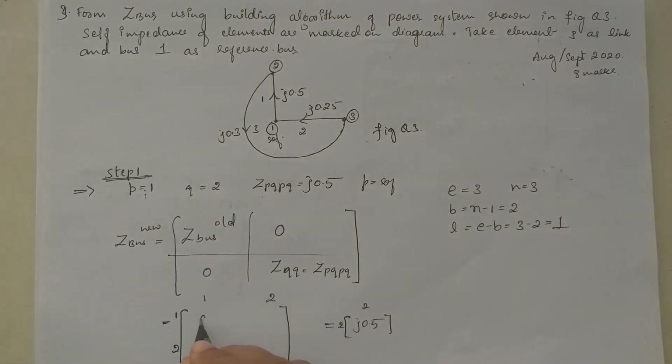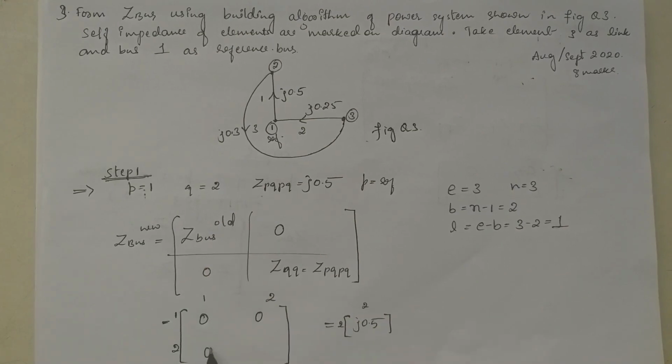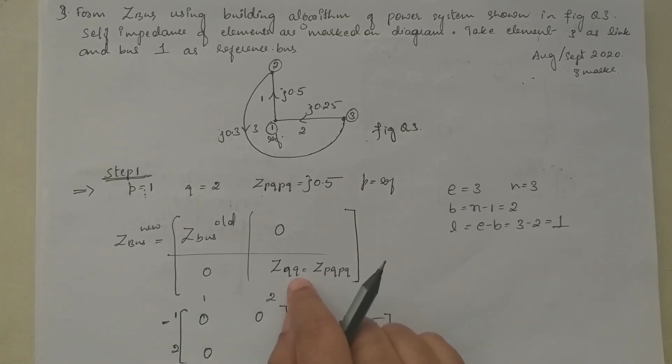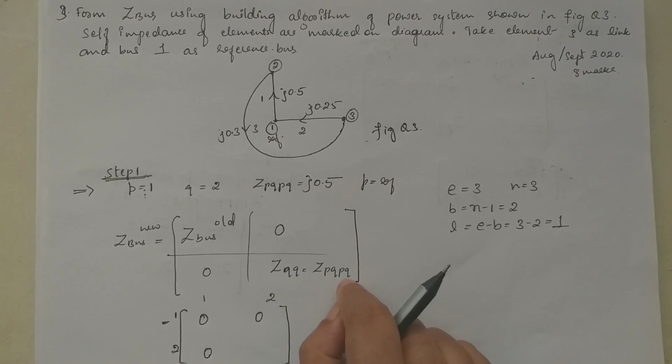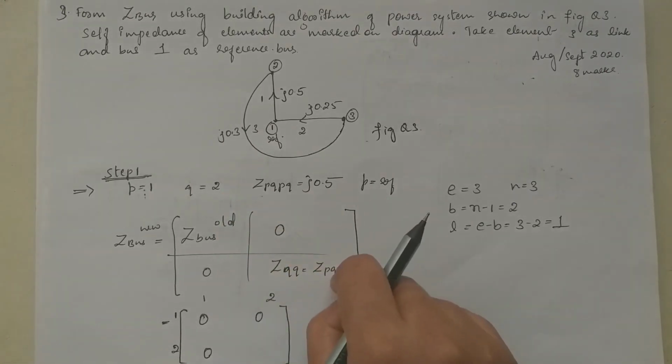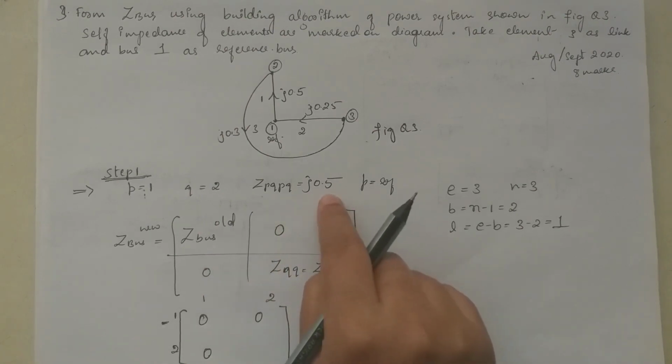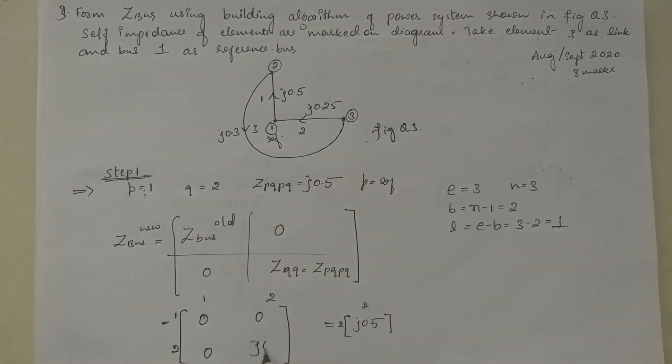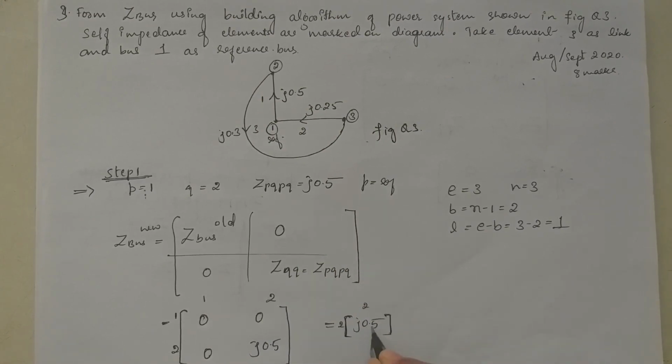Therefore, it would be 0, 0, 0 and ZQQ is equal to ZPQ,PQ. Q is 2, so Z22, which is ZPQ,PQ, is j0.5. Or else we can write the matrix as j0.5. This is the second row, second column element.